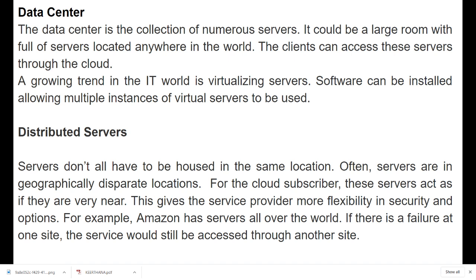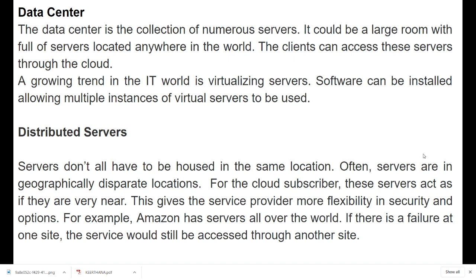Nowadays data centers perform with virtual servers. If you place a lot of physical servers, there will be no place in the world to place them. That's why virtualization came to the cloud computing field.